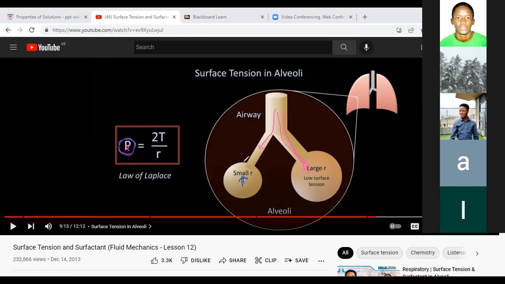When these produce surfactant, there will be a very large layer of surfactant, and it will spread out very easily and go in between the water molecules very easily. So when the air comes in, this small alveoli will become inflated to a very large extent. Why? Because you had this thick layer of surfactant. This is as opposed to the large alveoli, where if we have the same number of type 2 cells producing the same amount of surfactant, the layer of surfactant here is very thin.